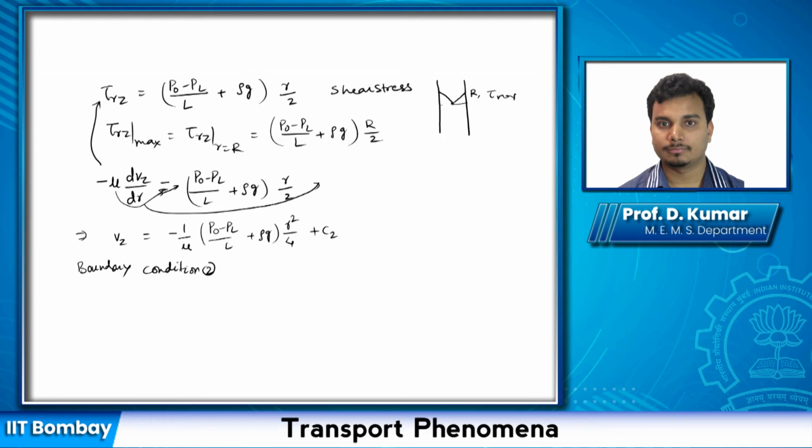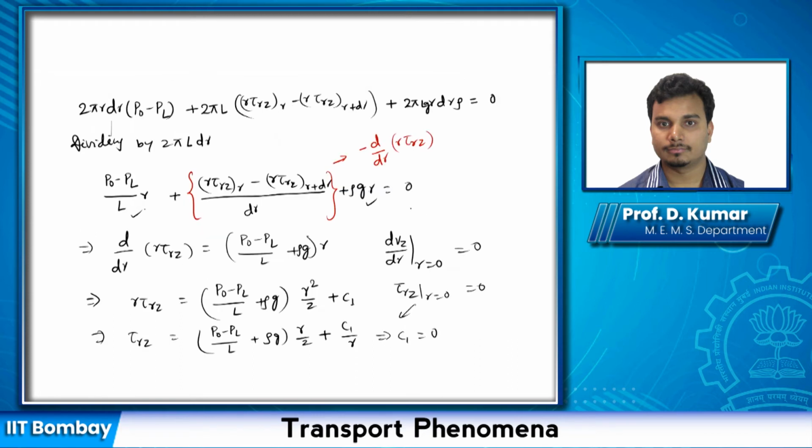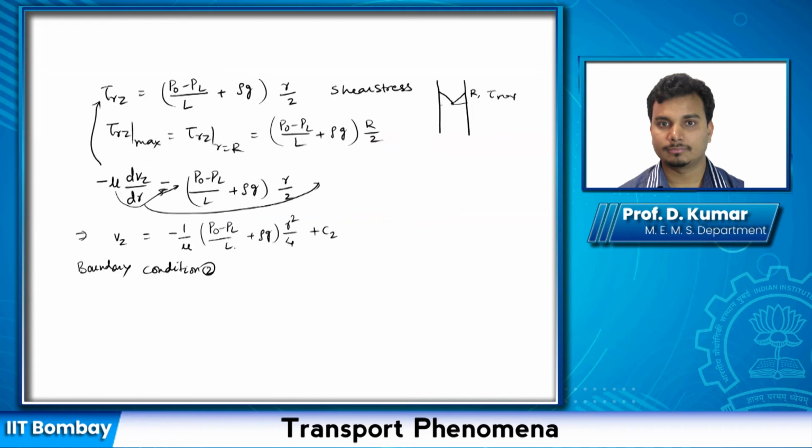Condition number 2. So we had boundary condition 1 here. You can see that once you do this balance equation, you integrate it, and then you have to look for some boundary conditions to solve for the constants. In this case, we need to look for a second boundary condition. We have seen from our flow description that the velocity profile looks something like this.